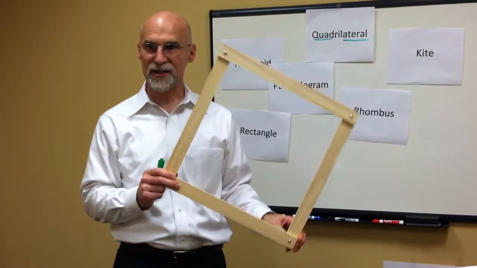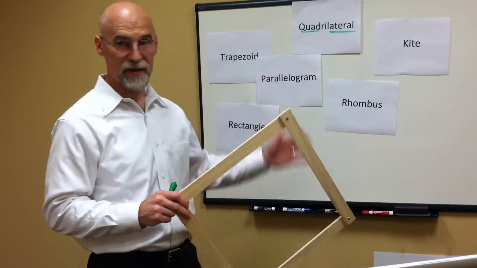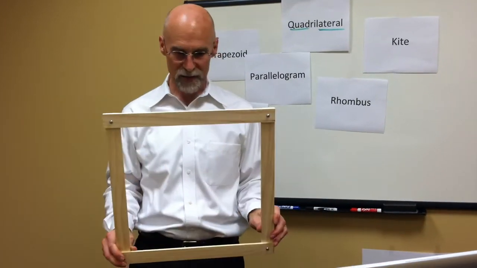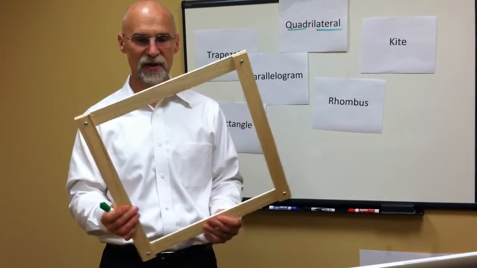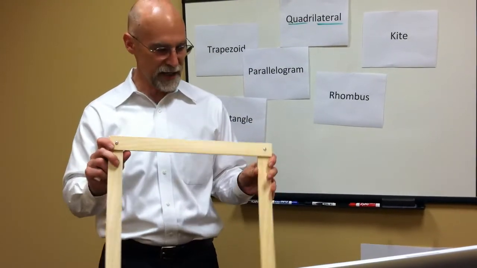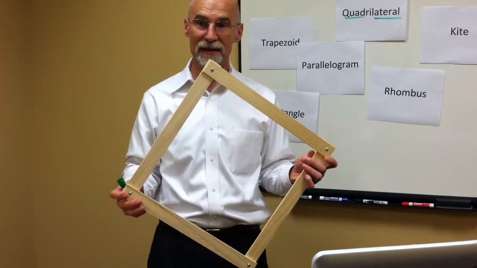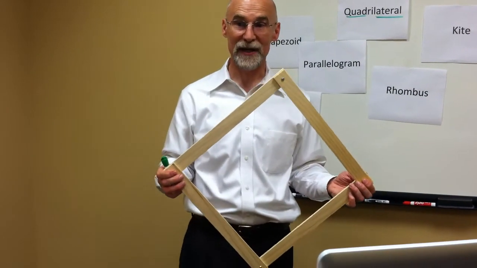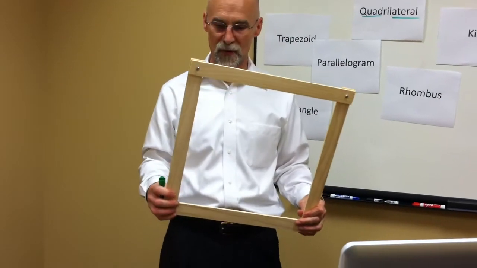Although, since it is a square, we want to refer to it that way so we won't confuse it with any of the other quadrilaterals. The square has equal length sides, four corners, 90 degrees, and probably the most common of the quadrilaterals that we deal with all the time in structures and buildings and so forth.